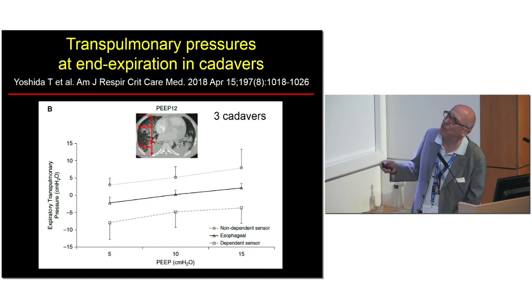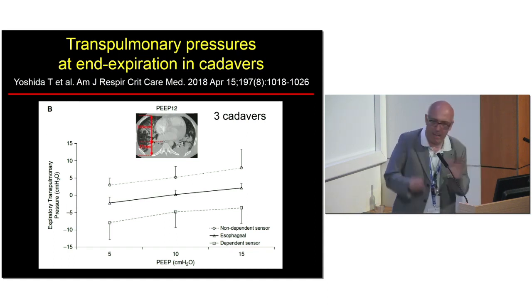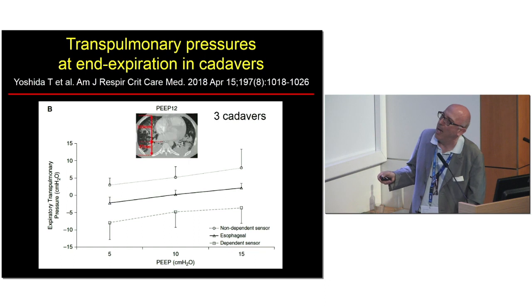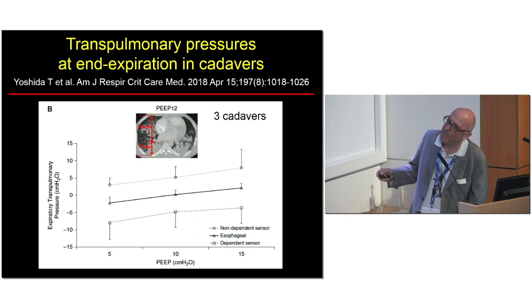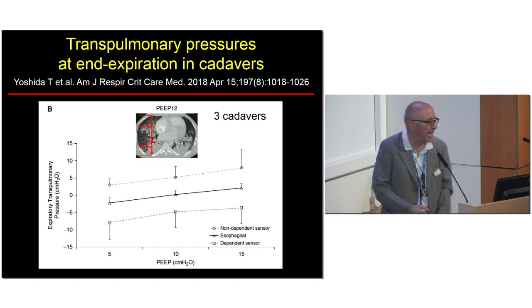Now there are new data in 3 cadavers, so very limited. And you see again, this is the expiratory transpulmonary pressure directly measured and the PEEP level. They also found that in non-dependent, compared to the dependent, the transpulmonary pressure is negative, so pleural pressure is positive here, and the esophageal represents, again, the middle, even in the cadavers.